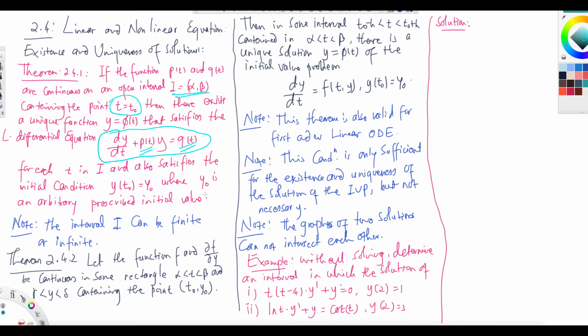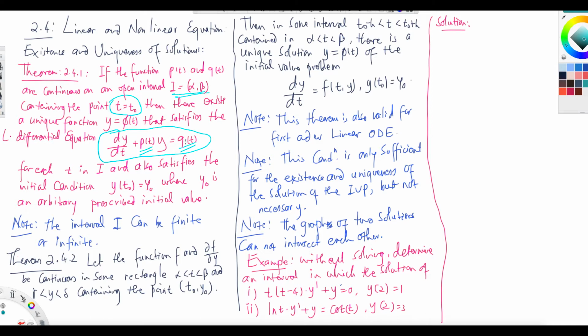Do you remember that in the last videos we discussed briefly the interval of validity? That is the interval in which the solution is valid. This is a similar concept, but more official, or more formal, I would say.